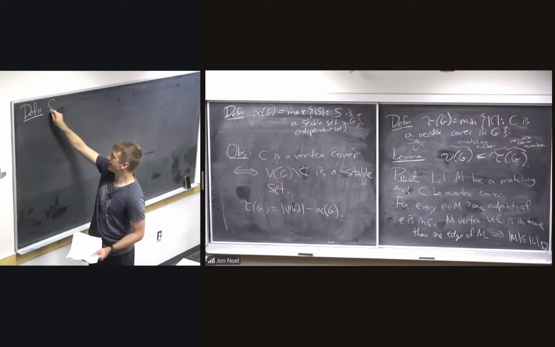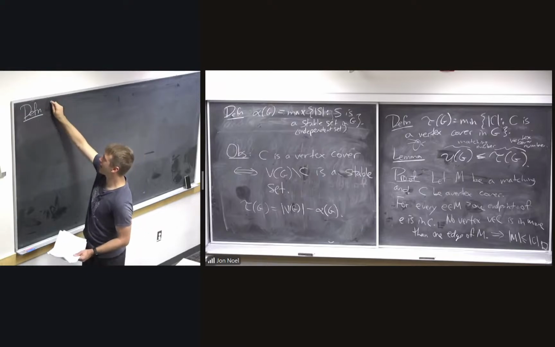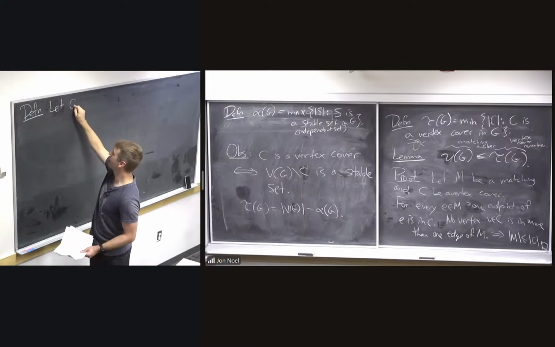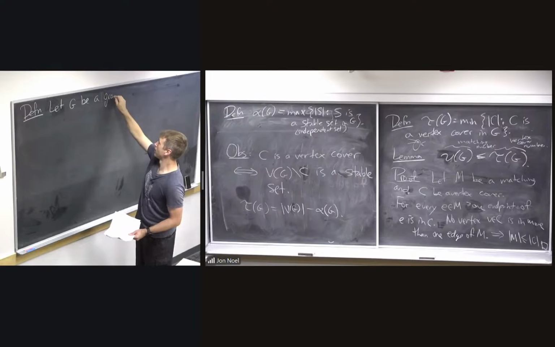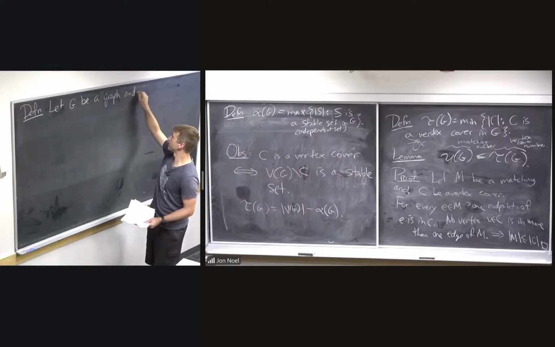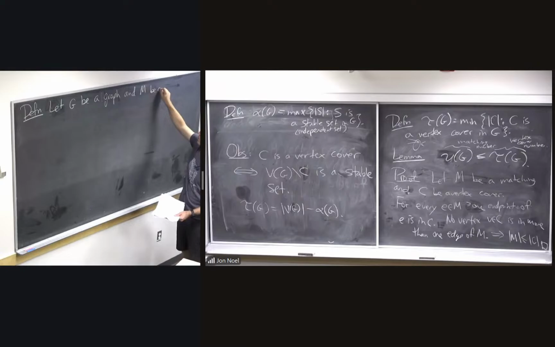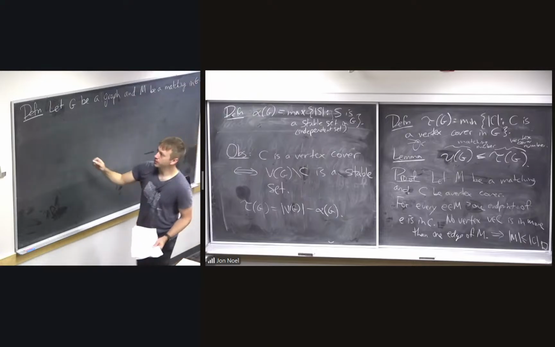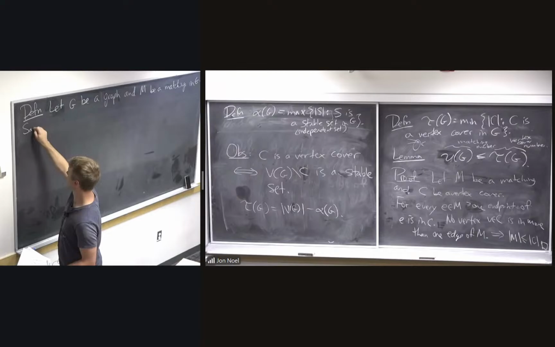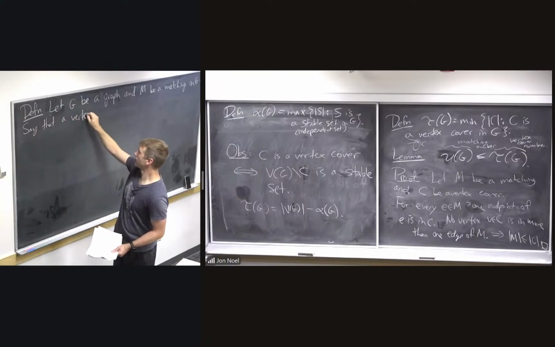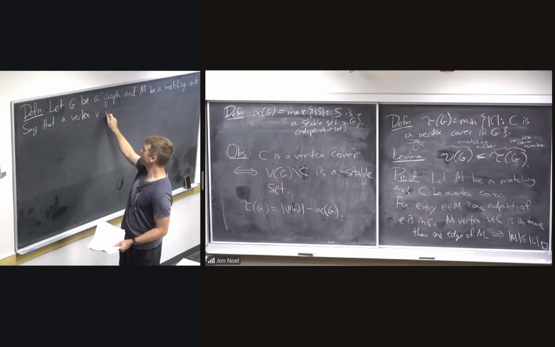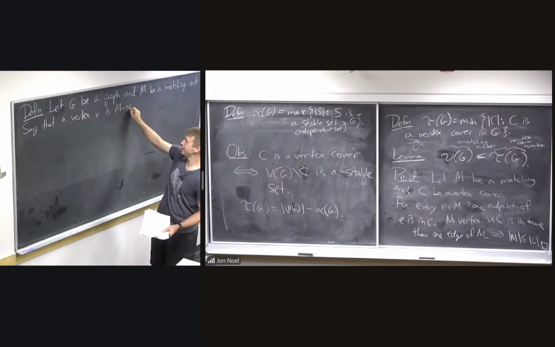Let G be a graph and M be a matching in the graph. We say that a vertex V is M saturated.